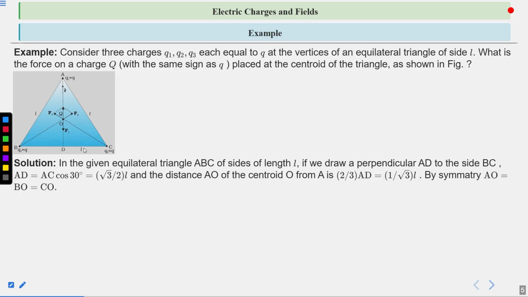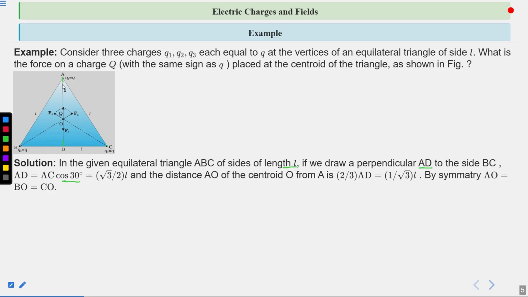Solution. In the given equilateral triangle ABC of side length L, if we draw a perpendicular AD to the side BC, then AD is equal to AC cos 30.